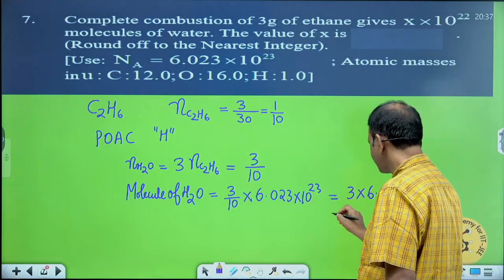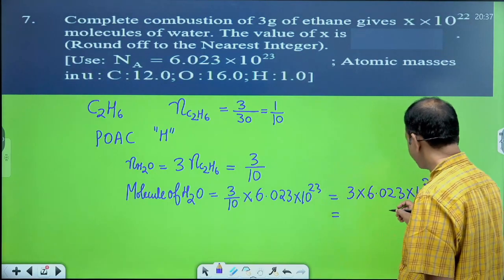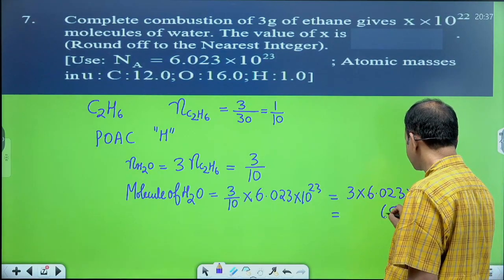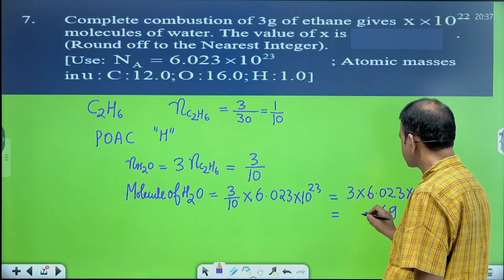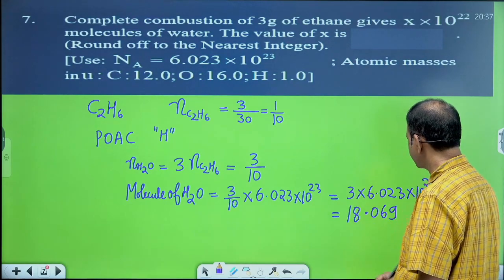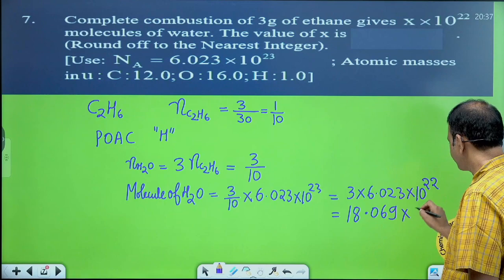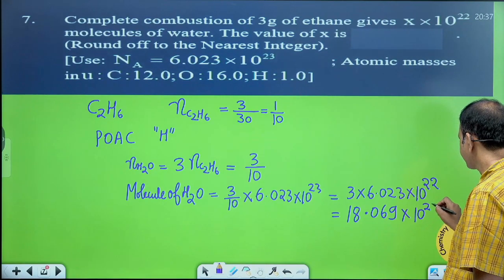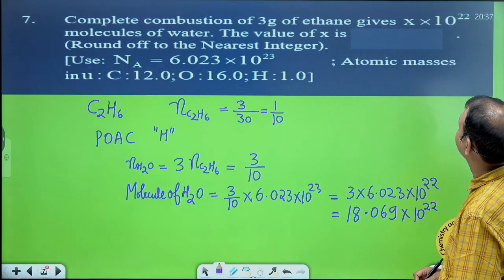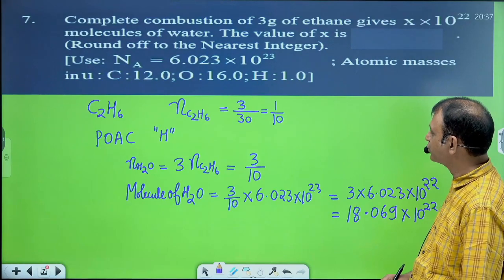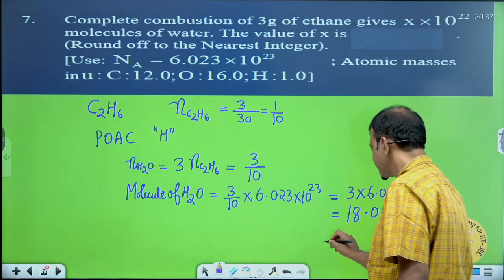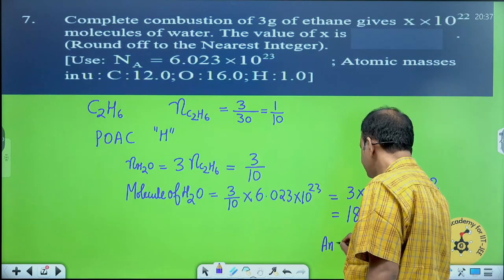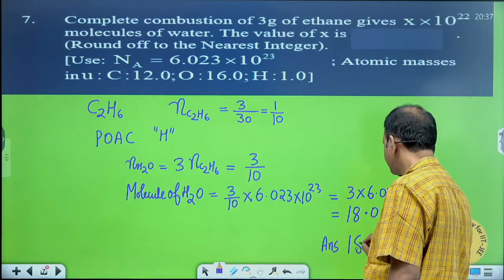If I multiply this, I can write that this is 9, this will be 6, this will be 0, and this will be 18. 18.069 into 10 to the power 22. So we have to write it as x, where x should be the nearest integer. So from here we can say that the answer for this should be 18.